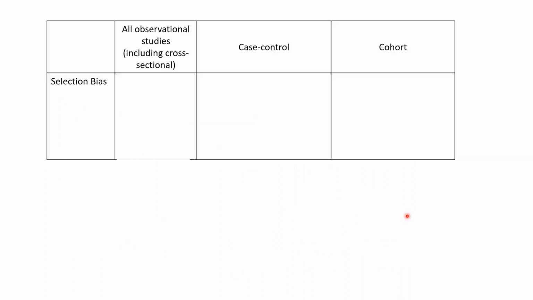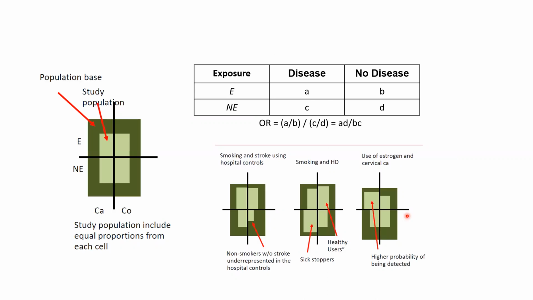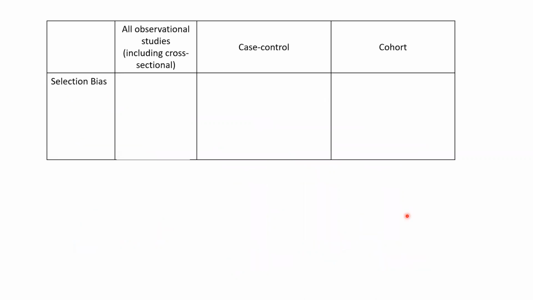So let's now, this was very theoretical. Let's now give names to this kind of selection bias. What I want you to do now is try to remember what you have learned about selection bias and tell me, what do you remember? What are the types of selection bias?